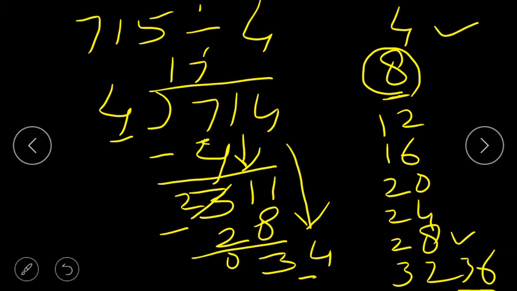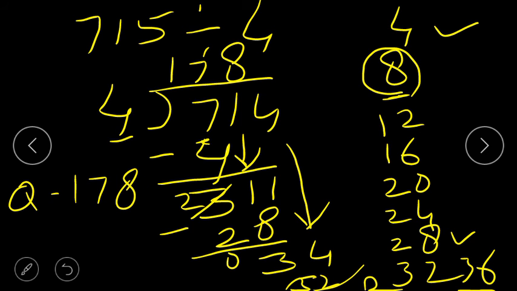That is 4 eights are 32. Now you subtract it. 34 minus 32 is 2. Now this remainder is 2. Here the quotient is 178 and the remainder is 2. Clear? Now we'll go to the next question.